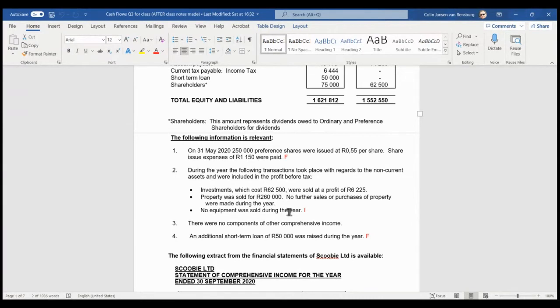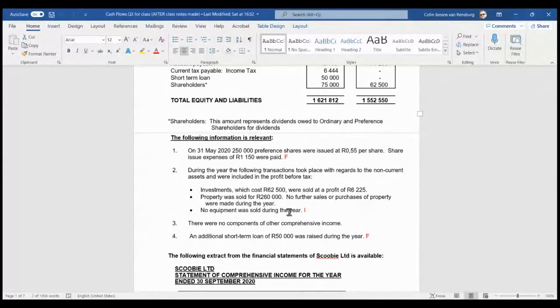Right, students, in a situation where they don't tell you specifically that there were disposals, we can only assume that there were no disposals, because there's an increase in the balance from the beginning of the year to the end of the year.